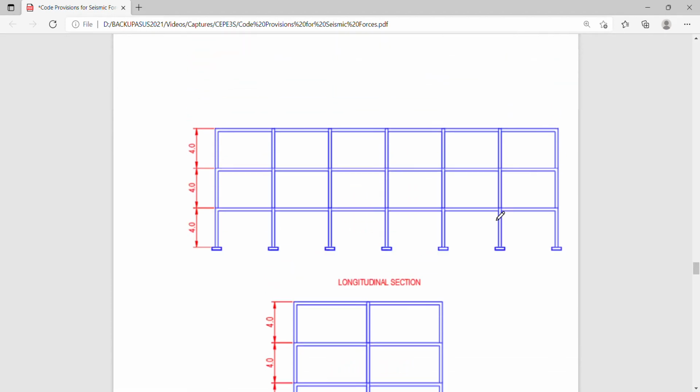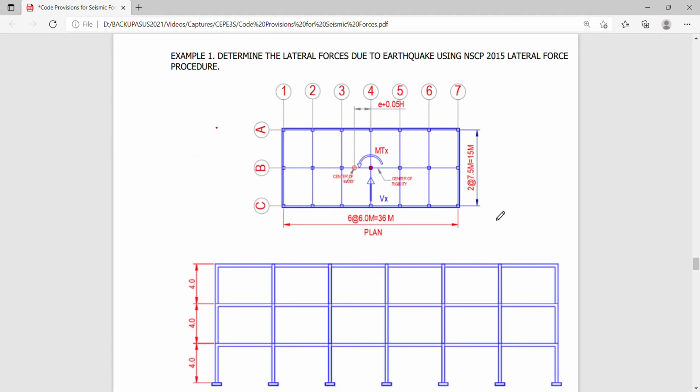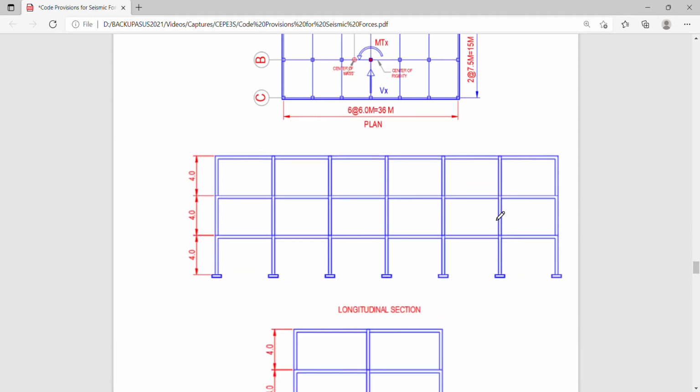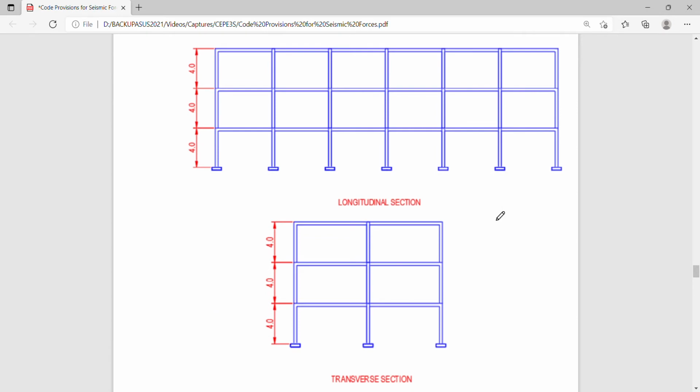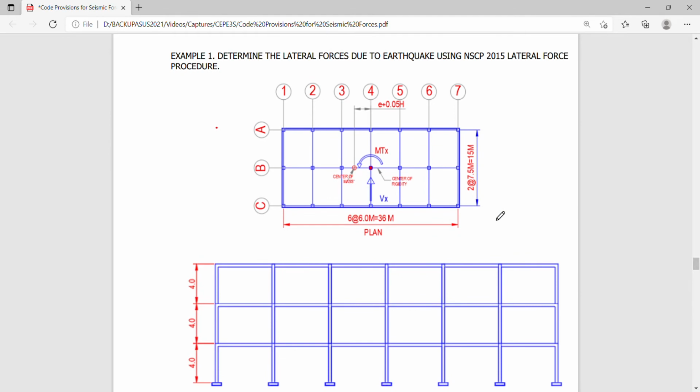Okay, so what we would like to take a look at here is the regularity of the plan and also the regularity of the elevation or the sections. And they seem to be fairly regular.